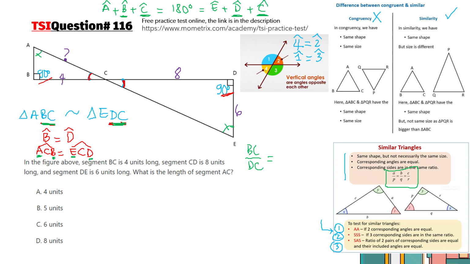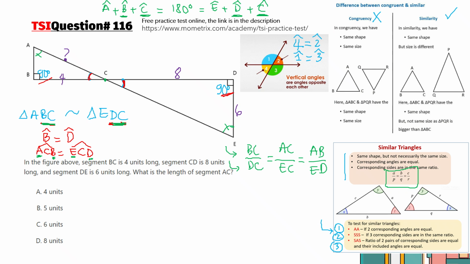I use the small triangle on the top and the larger triangle at the bottom, so I keep that. On top is the part of the small triangle. I want to find AC, and the corresponding side on the bigger one is A goes with E and C goes with C. That equals AB goes with ED.